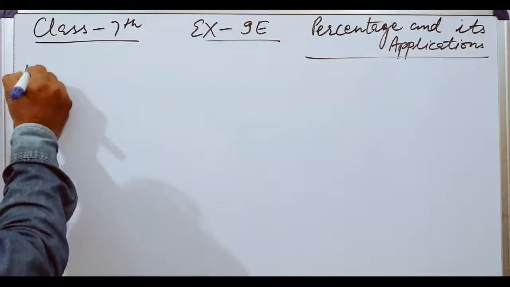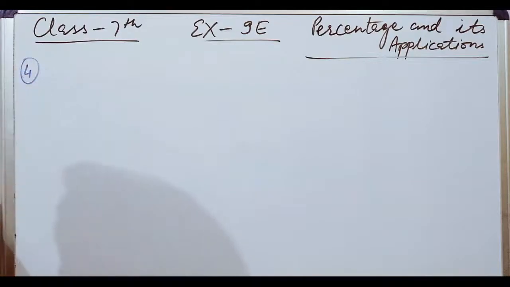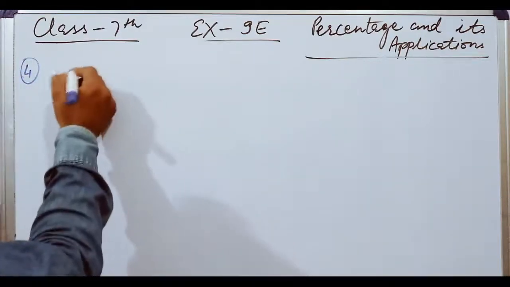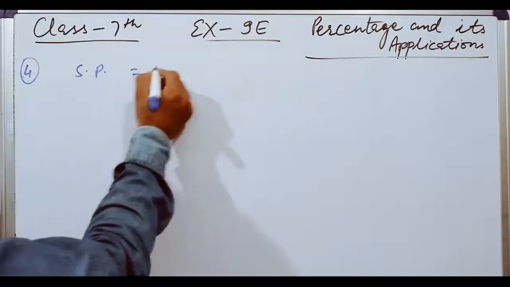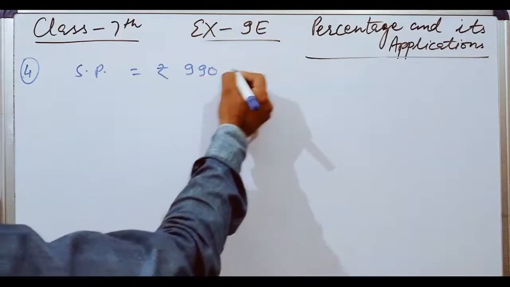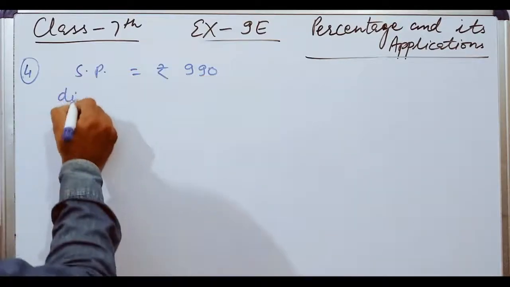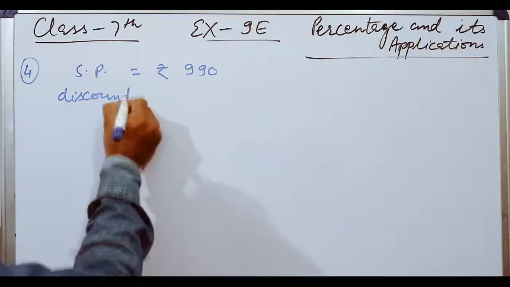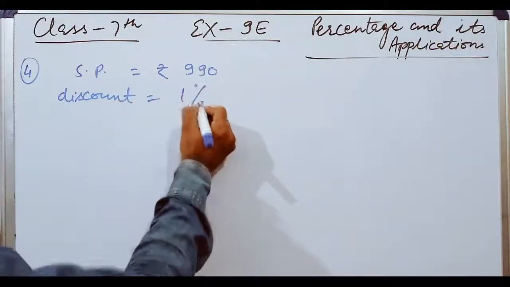Now question number 4. Find MP, mark price, when SP equal to rupees 990 and discount equal to 1%.